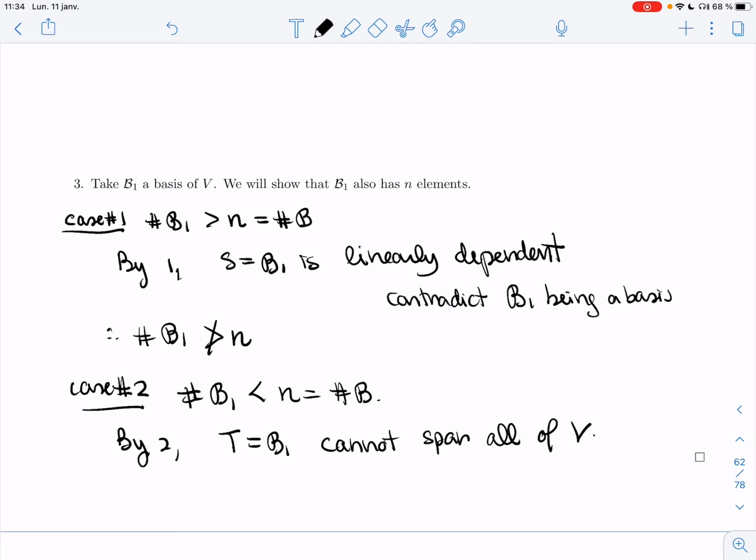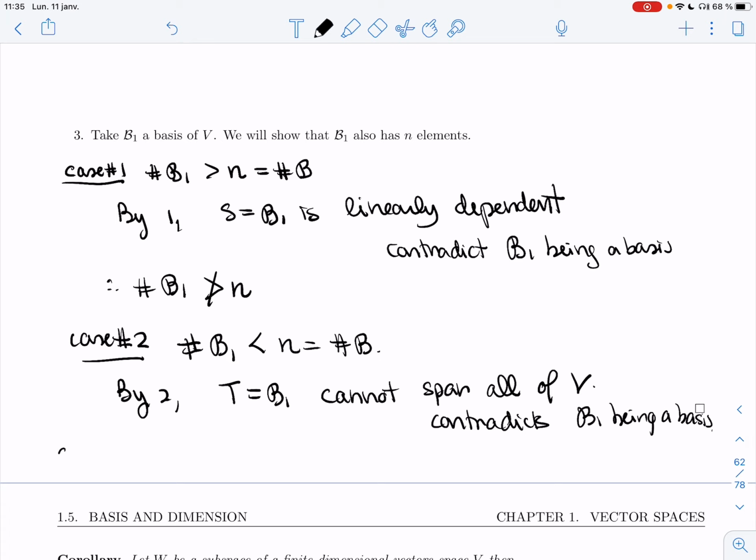And so, which is a contradiction. And so the only thing that's left is case number 3, which says that the number of elements in B1 is actually n. And that's what we wanted to prove.